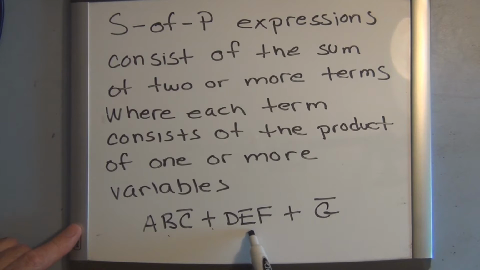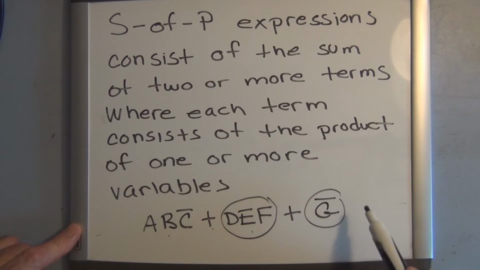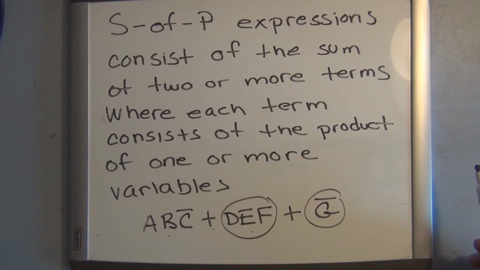This term here only has one variable. They can have two or three or as many variables as you want, but essentially this is the form they take. It's the sum of products.